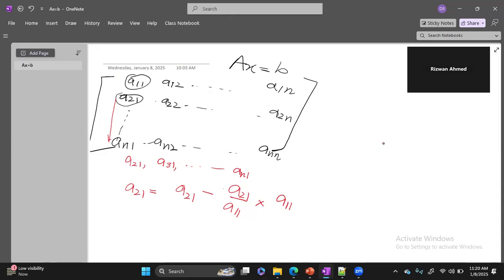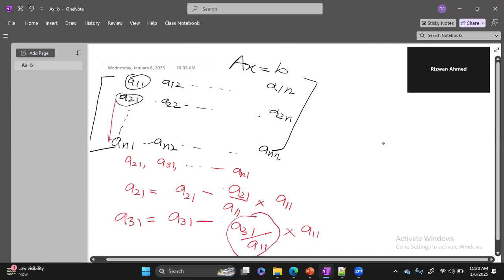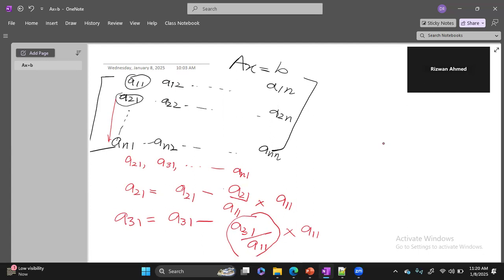Similarly, for a31, that is our prime objective, the operation will be a31 minus a31 divided by a11 times a11. So this is the multiplier. So in general, in order to bring all elements to 0 below a11, we require an operation on all the rows.